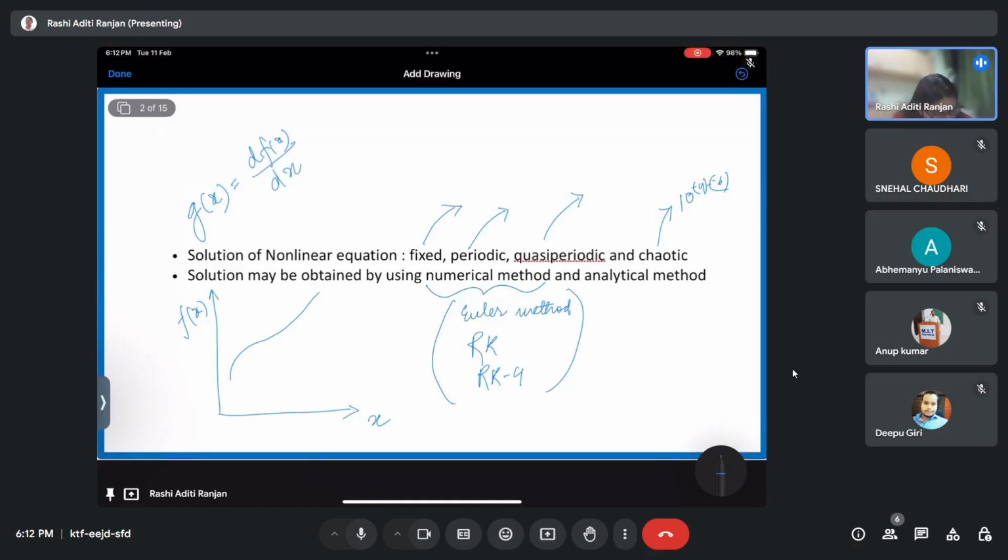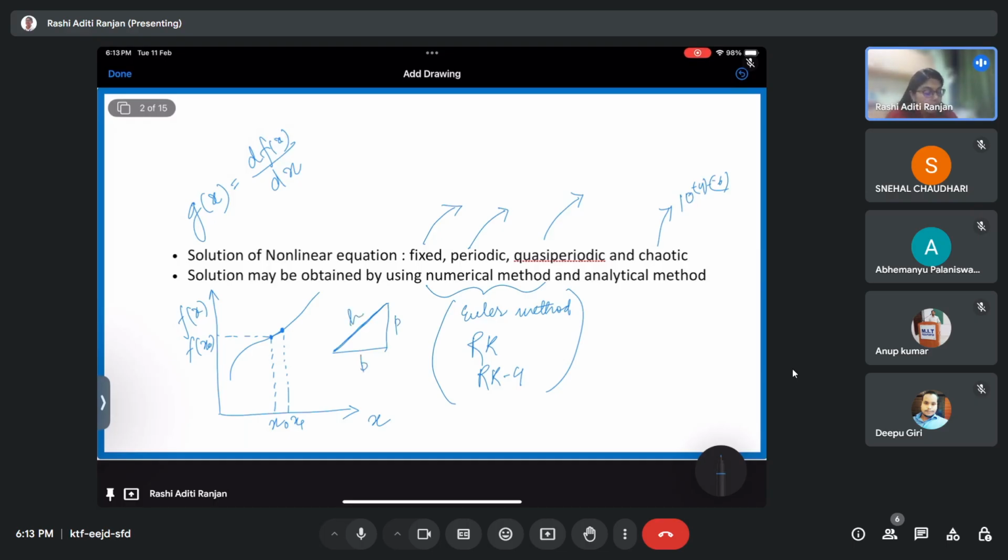So if I have this point, which is essentially my initial condition, I have x naught and I have the value f at x naught, and I know this slope, then I can calculate this value x1, isn't it? See, I have the slope for a right angle triangle. This is the perpendicular, this is the base, this is the hypotenuse, correct?